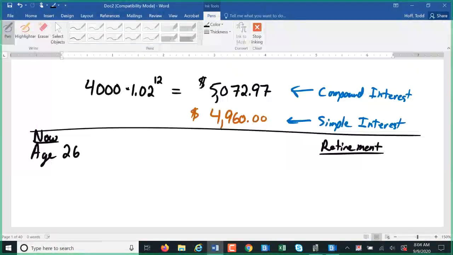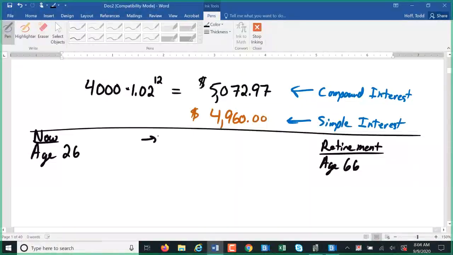I think every year after 1965 that you were born, you have to delay 1 month. So for me, it'll be about 68 years of age. So for many of you, it'll be 69 or 70. But let's just keep the numbers even. Let's go age 66. That's 40 years between now and retirement.